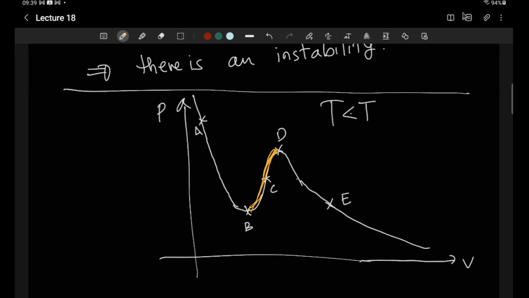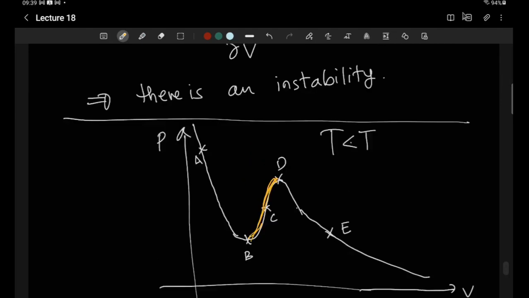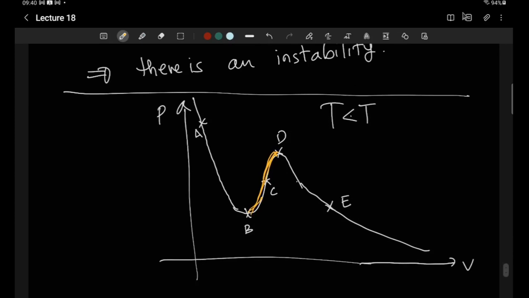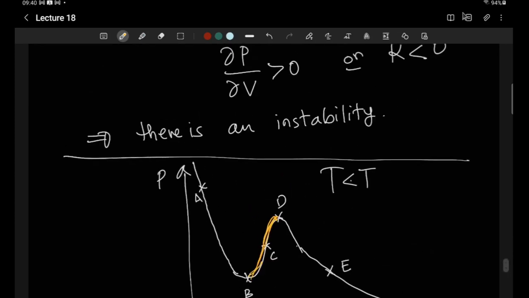And remember, when we looked at the magnetization in the presence of B, we saw that there were regions, the analog of BD, where the signs were wrong. So this is similar to that. Actually, the analogy can be made very perfect.